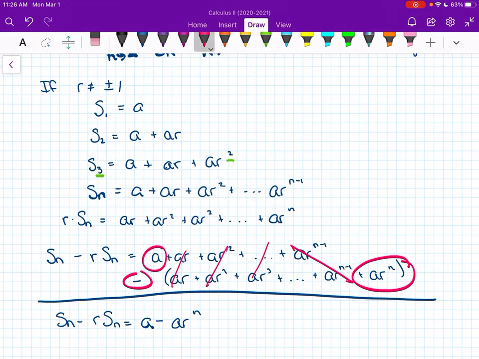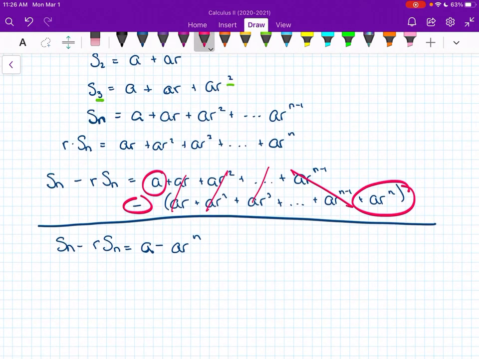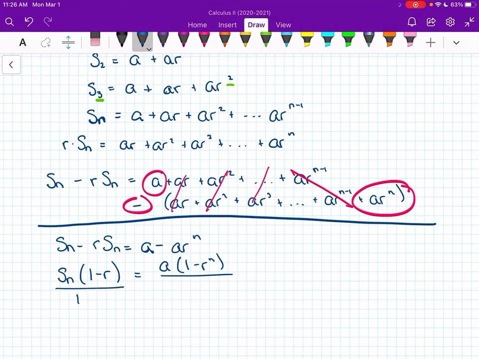And you might be asking, why is this helpful? It's helpful because now I can factor out an s sub n on this side, and I get 1 minus r. And then I have a times 1 minus r to the n over here. And then I'm going to divide by that 1 minus r. So now I have s sub n equals a times 1 minus r to the n over 1 minus r.